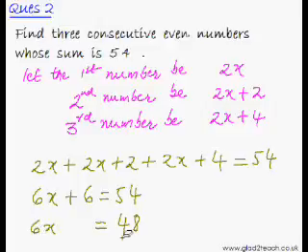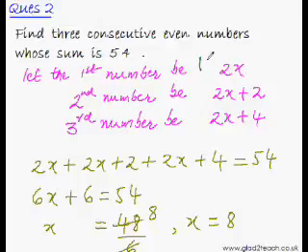Also take this 6 to the other side. So we would get 48 divided by 6. And since 6 times 8 is 48, x is equal to 8. So this means our first number would be 16. Isn't it? 2 times 8 is 16. And the second even number would be 18. And the third one would be, right, 20. Question solved.